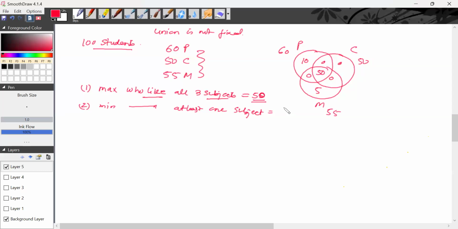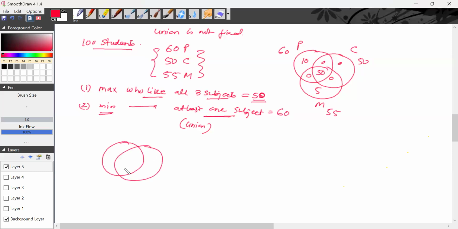At least one subject. At least one means what? The union. We are trying to find the minimum of the union. So the minimum of the union has to be what? The maximum among these three, which is 60.